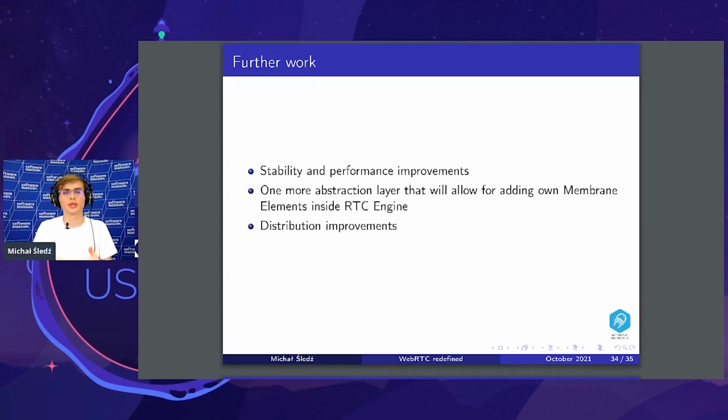So you will basically be able to provide your own Membrane elements, like filters or elements that will save your media tracks to a file. You will be able to plug such elements inside RTC engine. This is something that we are working on, planning, and we are going to implement. And this will make our RTC engine very modular and very customizable.